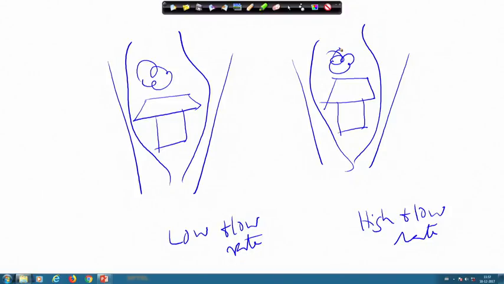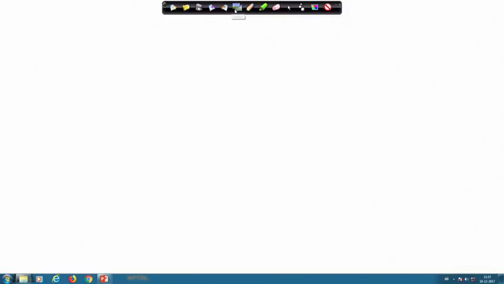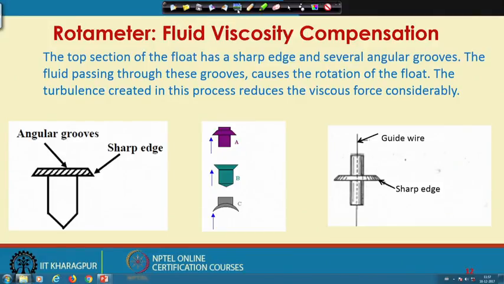So, this is a way to compensate for the effect of fluid's viscosity by suitably designing a float. Basically, you will have a float with sharp edge.